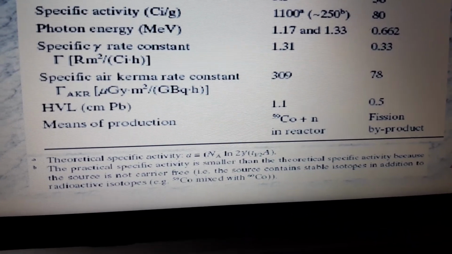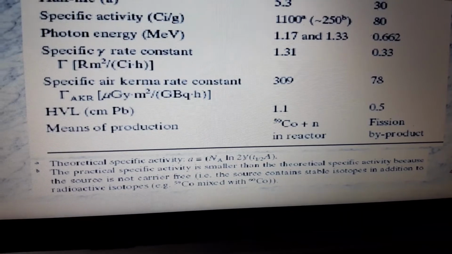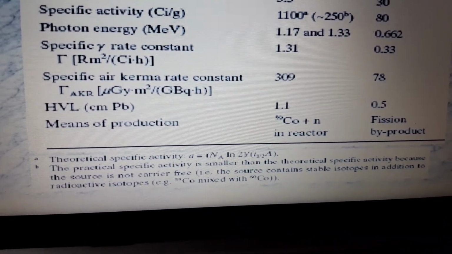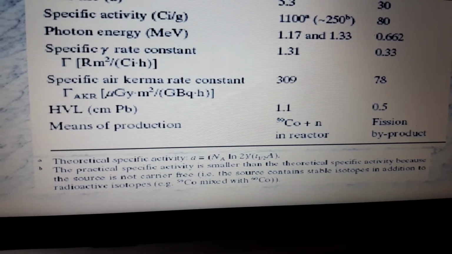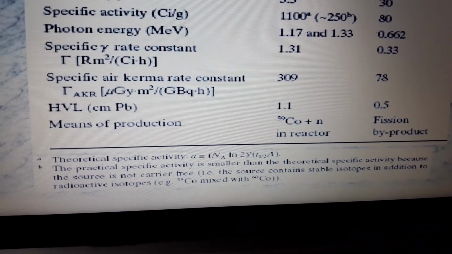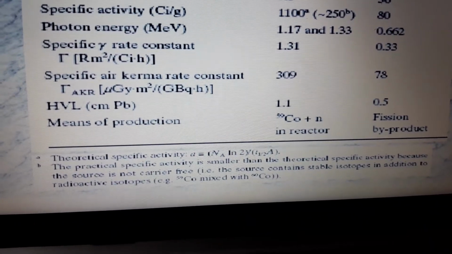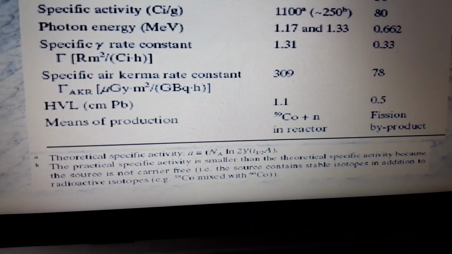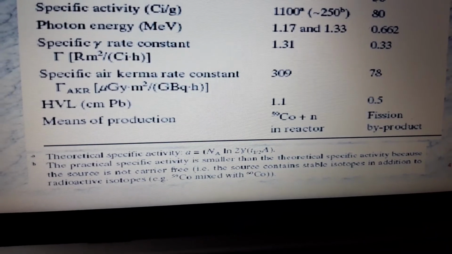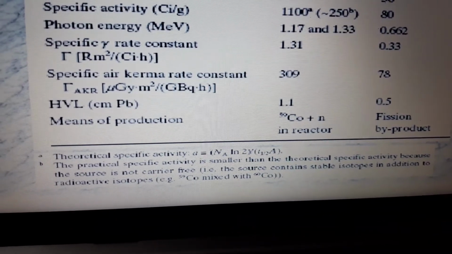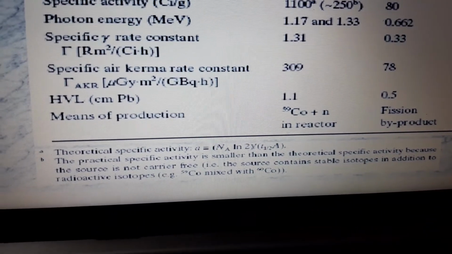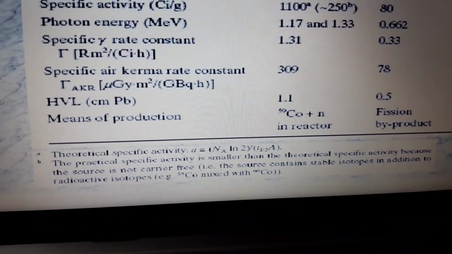But for cesium 137 it is 0.662. Specific gamma ray constant of cobalt 60 is 1.31, but cesium 137 is 0.33. Specific air kerma rate constant is 309 for cobalt 60 and only 78 for cesium 137.